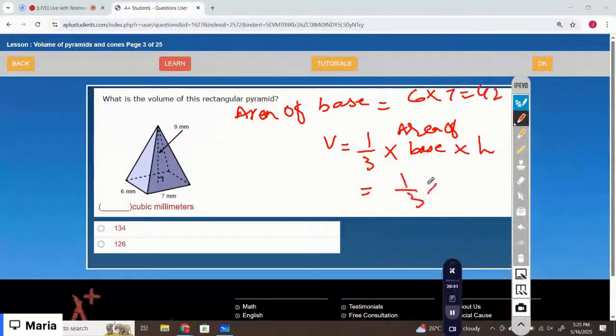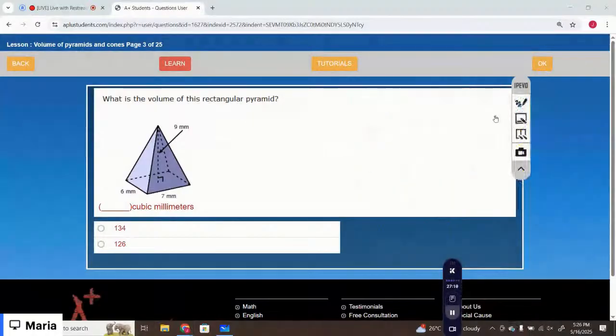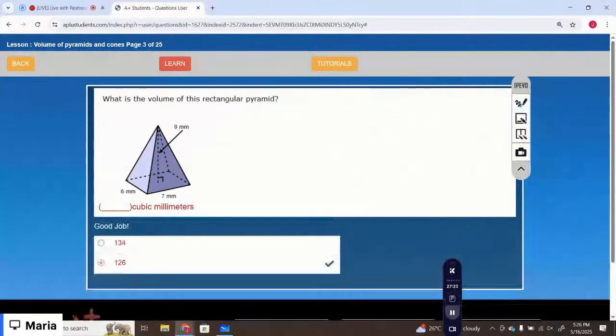So 1 by 3 times 42 times 9, that is 126. Option number 2 is the correct option.